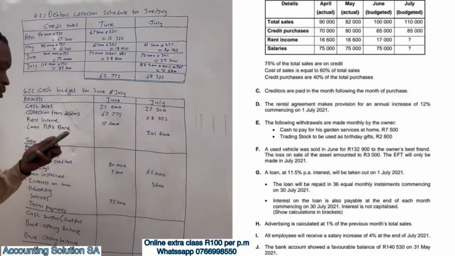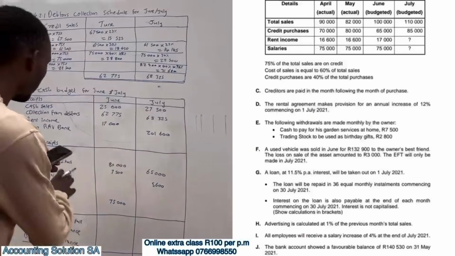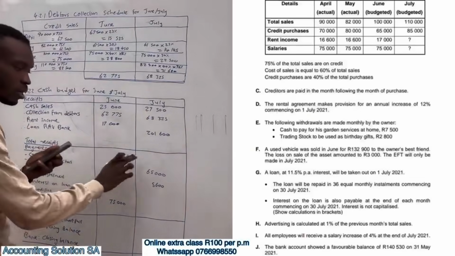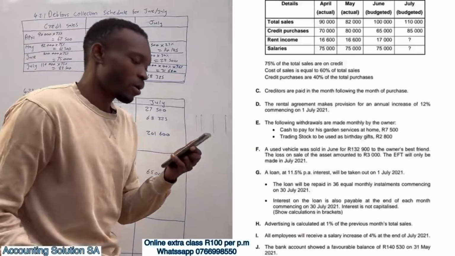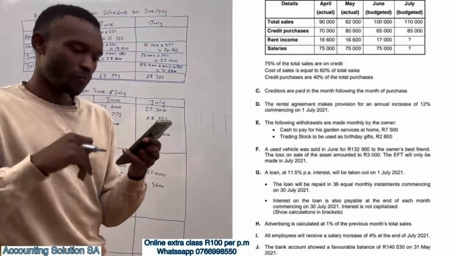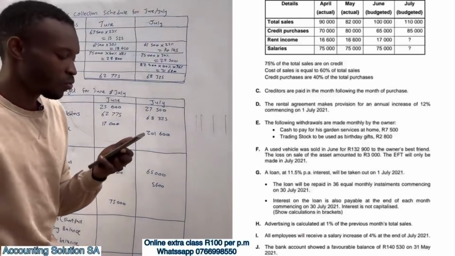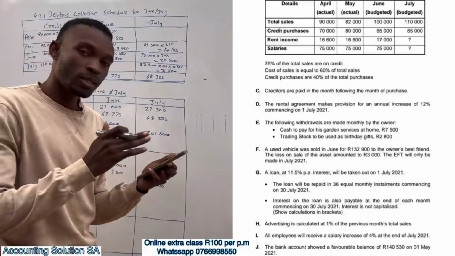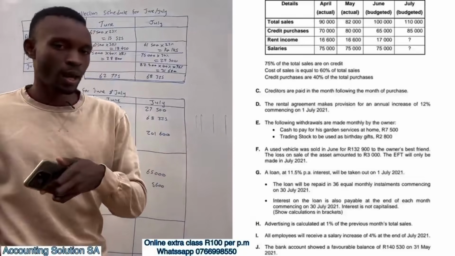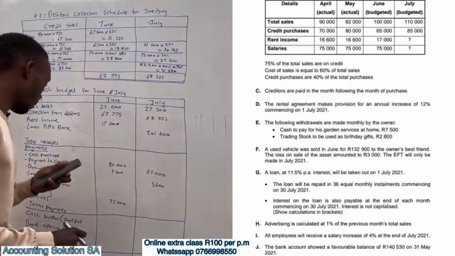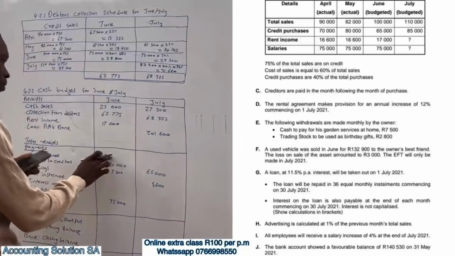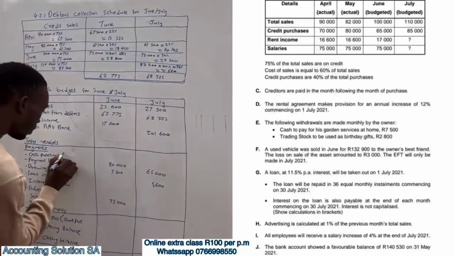Now let's go to cash purchase because it is not given at all. For cash purchase, we have to convert credit purchase into cash. They said credit purchases are 40% of total purchases. If credit purchases are 40%, cash are 60%. Now let's calculate the one for June. Let me show the calculation here.